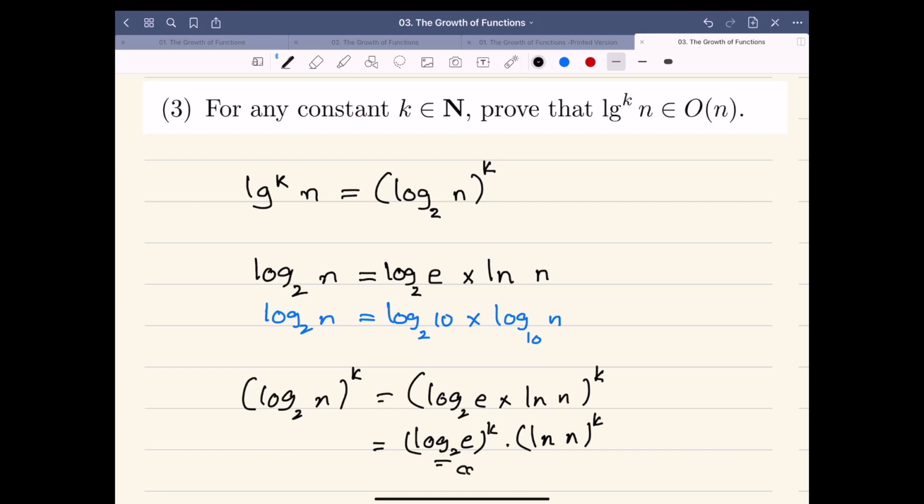Now this is a constant, so therefore we will say that this is equal to a constant multiplied by ln raised to power k of n.